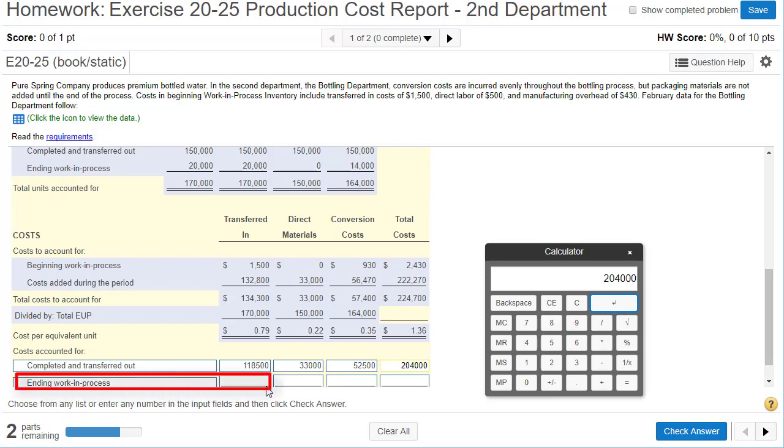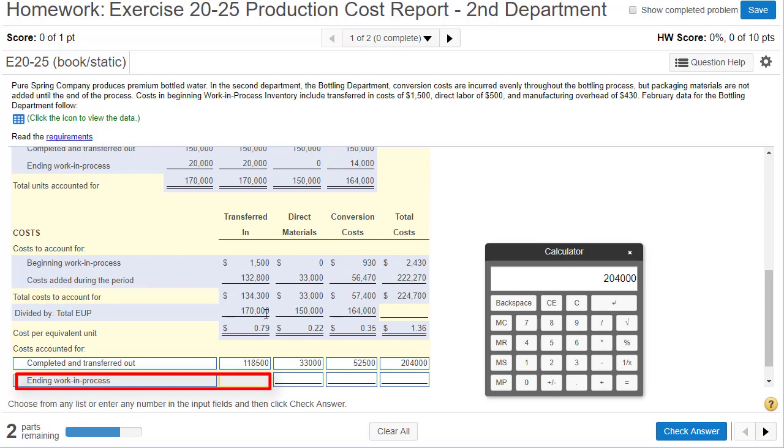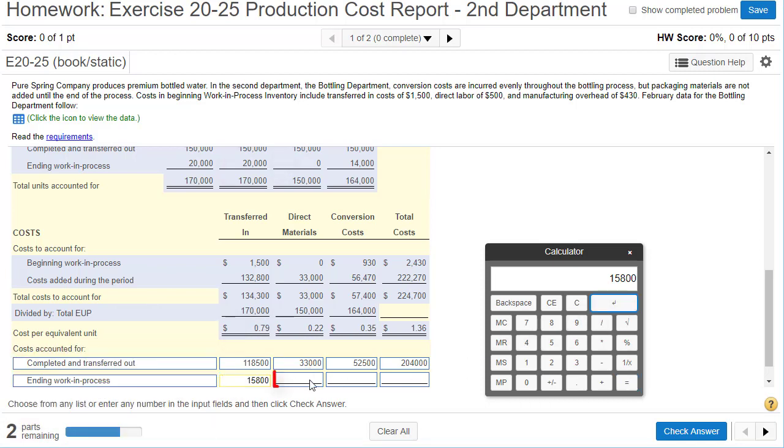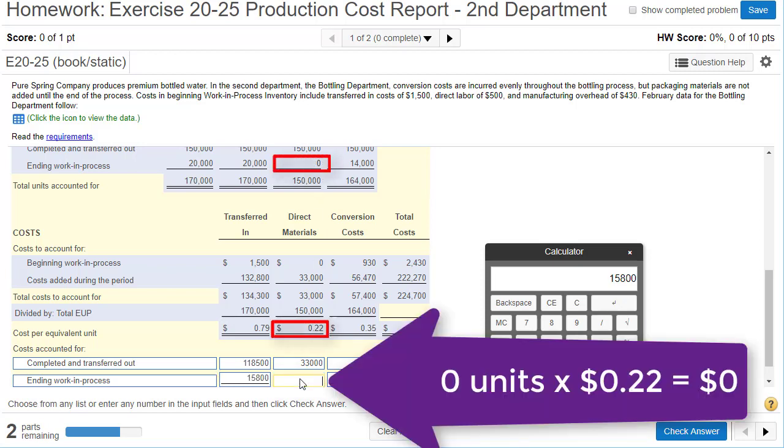And then our ending work in process, we're going to take the 20,000 times 0.79. 0.79 times 20,000 gives us 15,800. And then for direct materials, we're going to take 0 times 22 cents gives us 0.